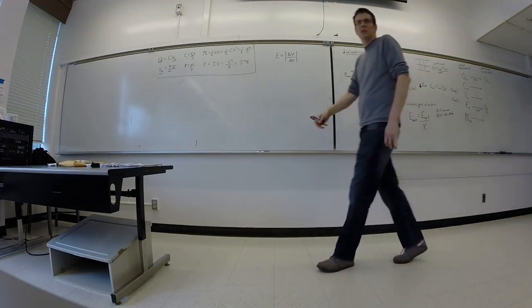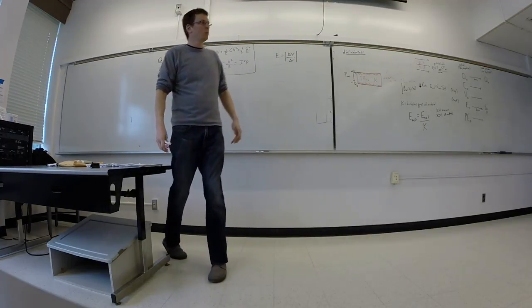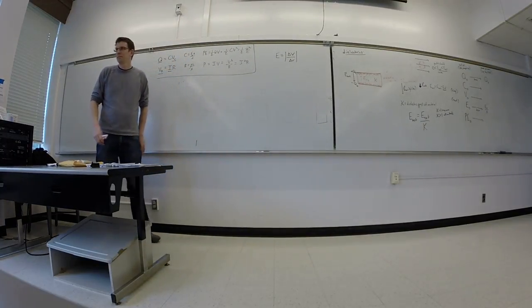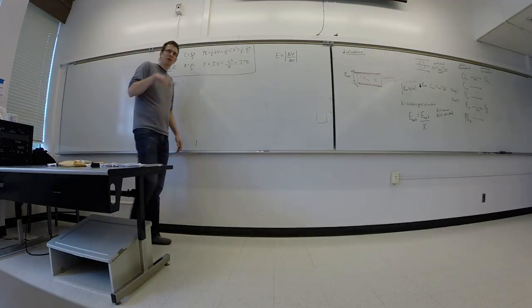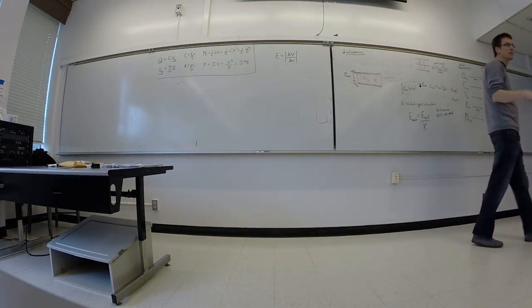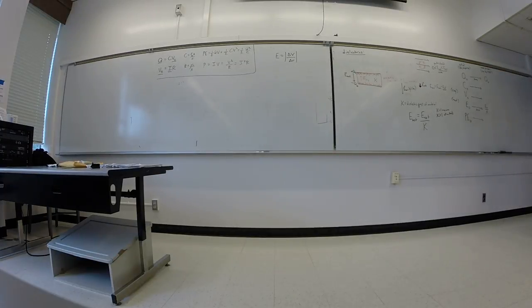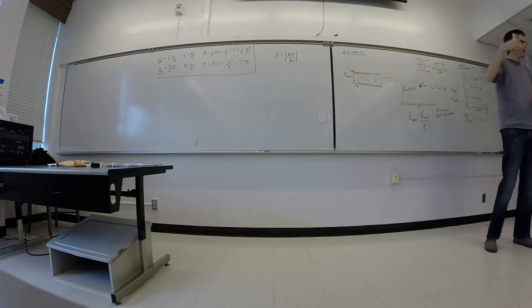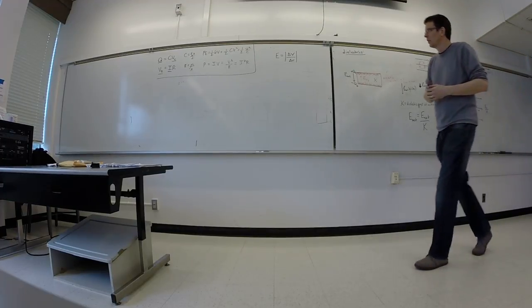So the electric field talks about how rapidly the voltage changes with distance, right? Electric field always points towards lower voltage. And the more precipitous that plunge in voltage is, the more the electric field will be.